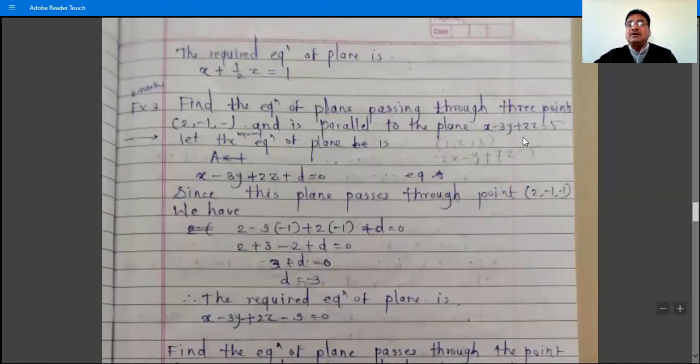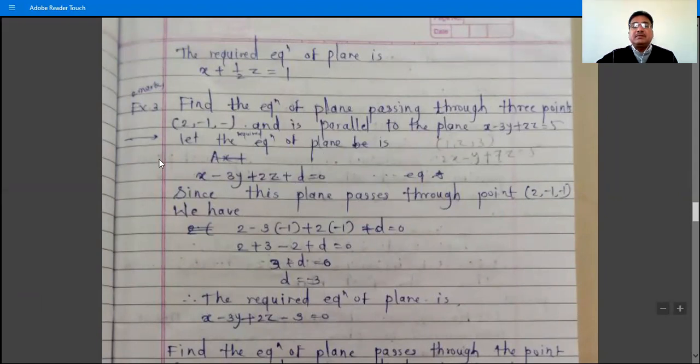So we are given 1 point on the plane, and the required plane is parallel to this plane. Therefore the equation of required plane is what? x minus 3y plus 2z plus d is equal to 0. That is the coefficients of x, y, z. The required plane is parallel to this plane, means the coefficients of x, y, z are in proportion or are the same.